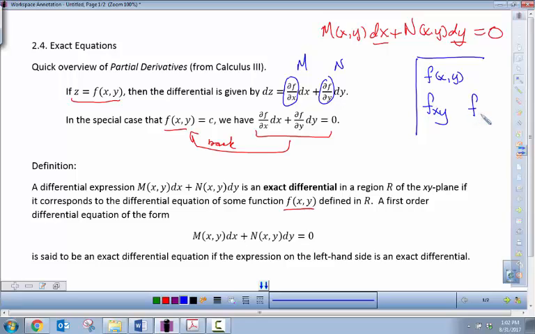And then if you take the derivative of f with respect to y first and then with respect to x, those two functions should be equal to each other. Since our M and N are already first order partial derivatives, in fact, this f_x over here is your M, and this f_y over here is your N. Then these two should be equal to each other.